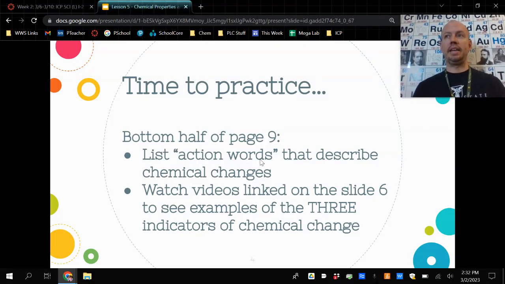If we are baking or frying or cooking, we are actually changing the composition of our original ingredients into the food that we end with at the end. So those are some really good ones. The key idea is that the thing we started with is really significantly different from the thing we end with.